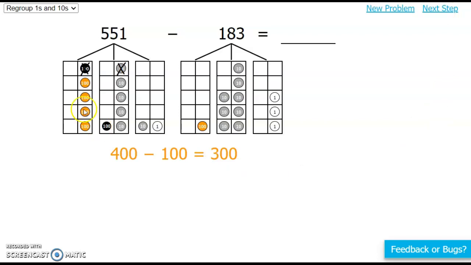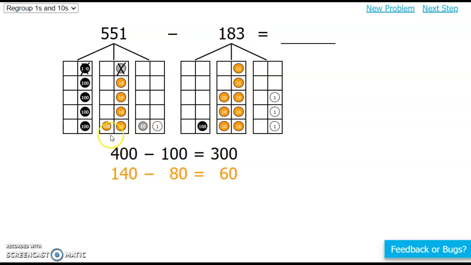In class, we went through and we crossed off the one we took away to see, oh, I only have 300 left. I have 100 and 4 10s. I'm going to take off 8 10s. When I do that, well, 14 10s minus 8 10s is 6 10s.